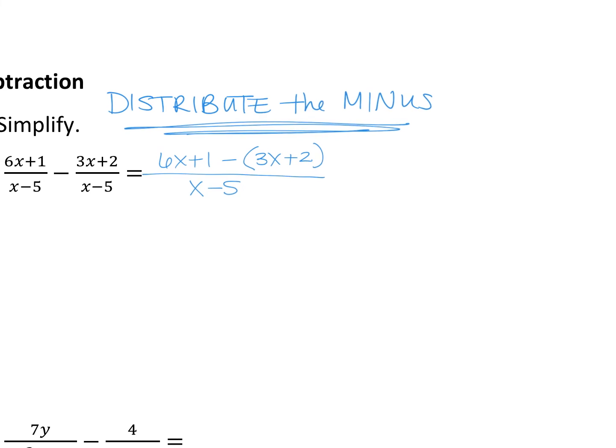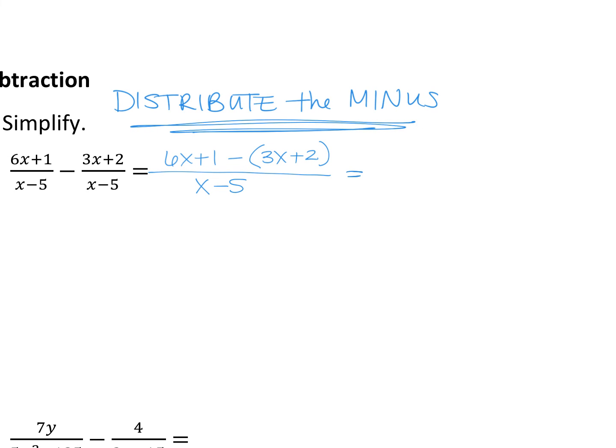Okay, so we're going to distribute that minus sign. This is going to be 6x minus 3x. So that's 3x. Then it's 1 minus 2 is a negative 1. So you have 3x minus 1 over x minus 5.